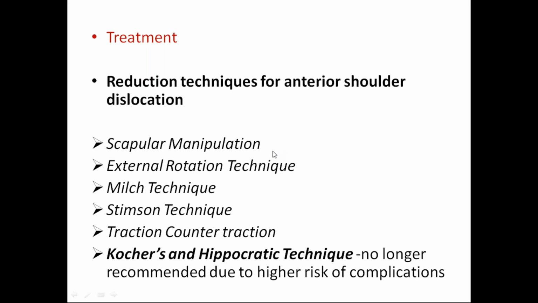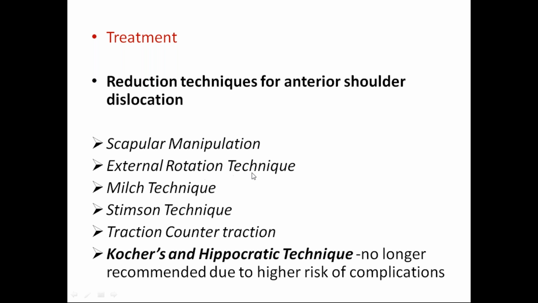The examiner uses one hand at the tip of the scapula and tries to push it medially, and the other hand is placed over the patient's elbow and gives traction along the direction of deformity. So most of the dislocations are reduced with this type of manipulation.